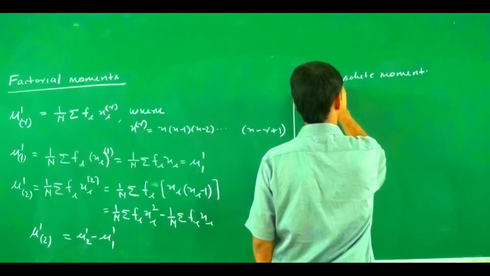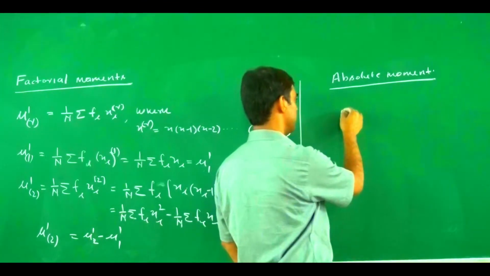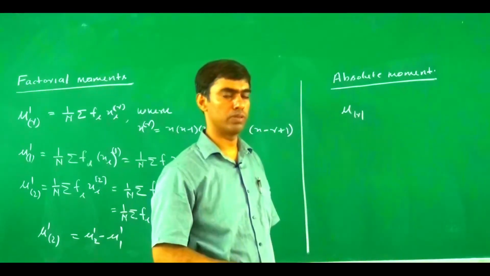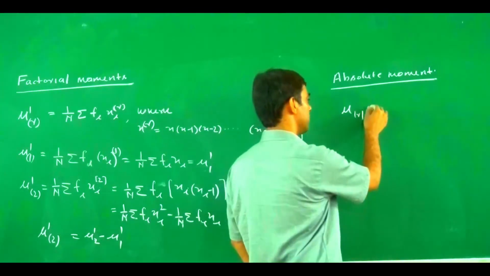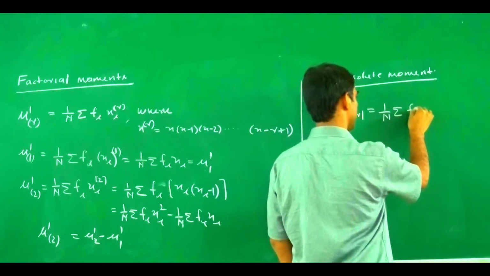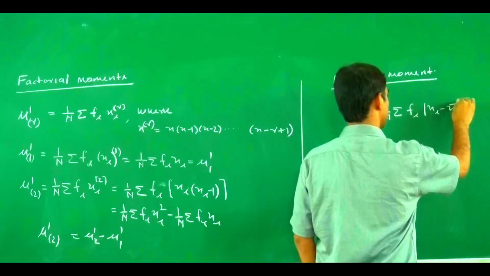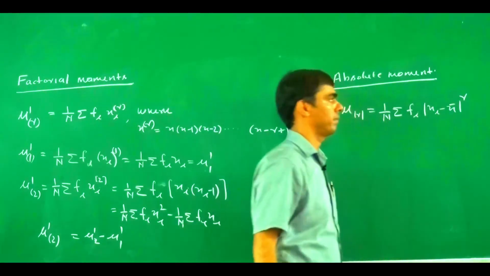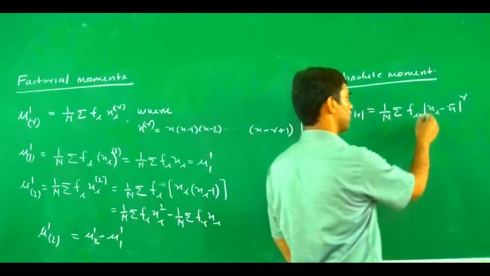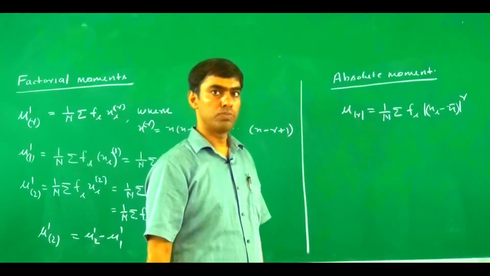Absolute moment is denoted by mu with the absolute value, and this is a notation. How do we define it? It is 1 upon n summation of fi times the modulus of xi minus x bar, to the power r.